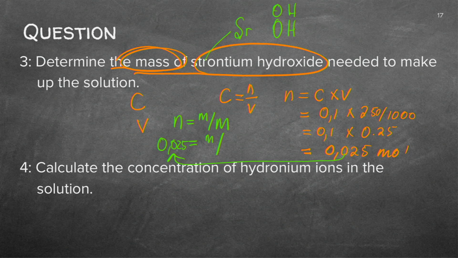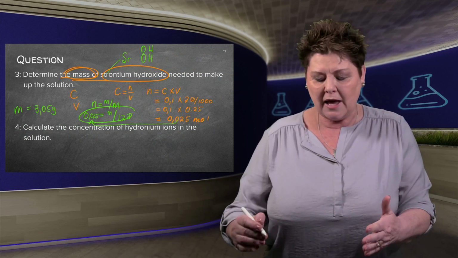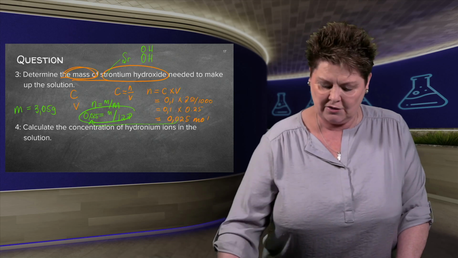I did that and I got a value of 122 grams. So if you do that calculation, you'll get your mass as 3.05 grams. Do this calculation after the lesson and see if you get the same answer, and repeat it if you don't get that correct.